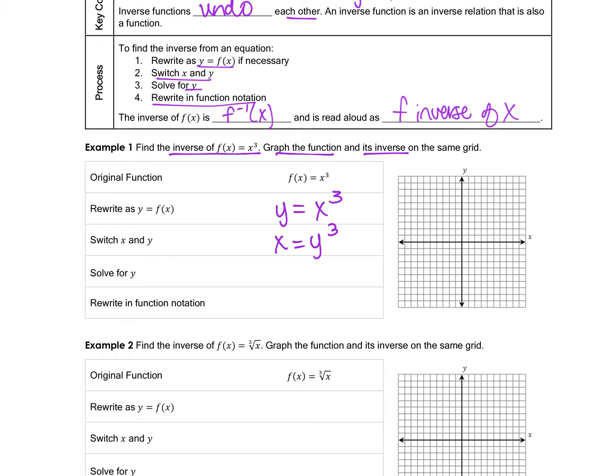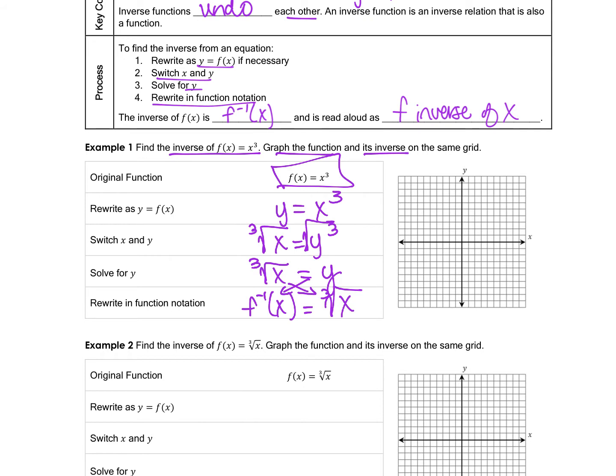To get rid of the cube and solve for y, I have to take the cube root of both sides. That leaves me with y. So the inverse is y equals the cube root of x. I just rearranged that. So if I have x cubed, the inverse of that is cube root of x.